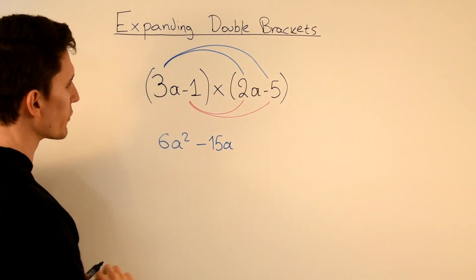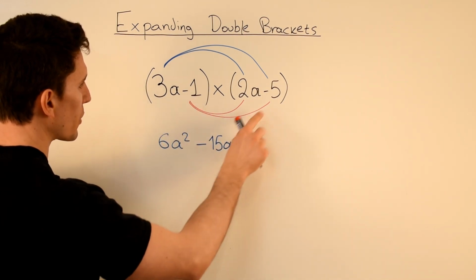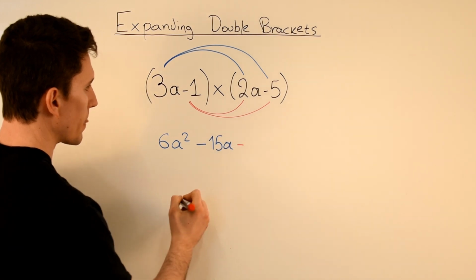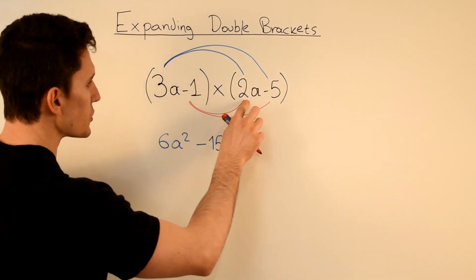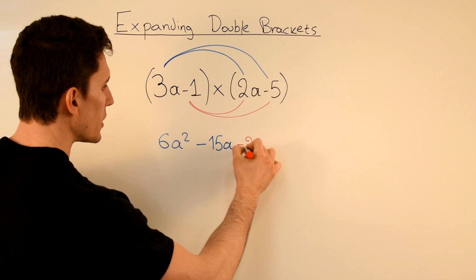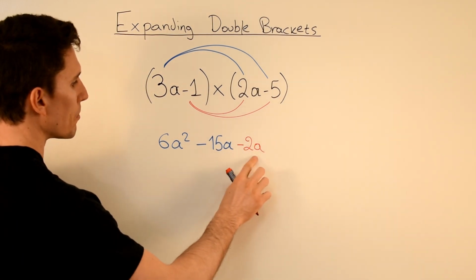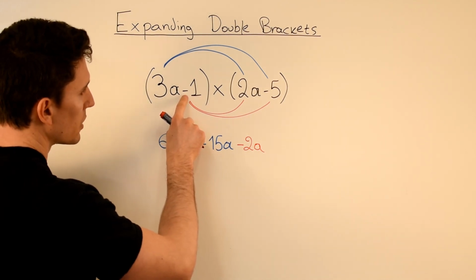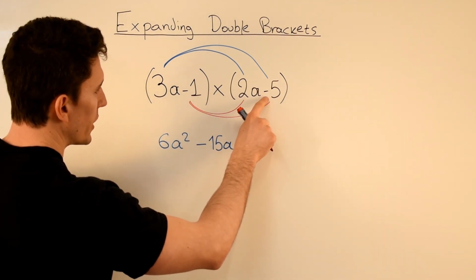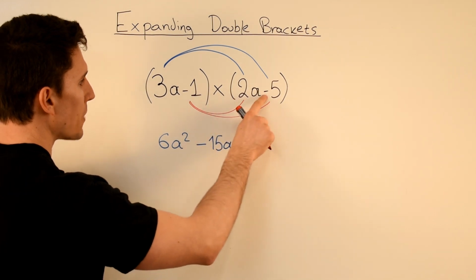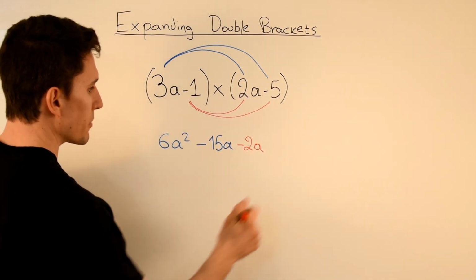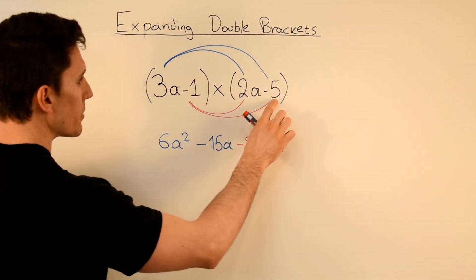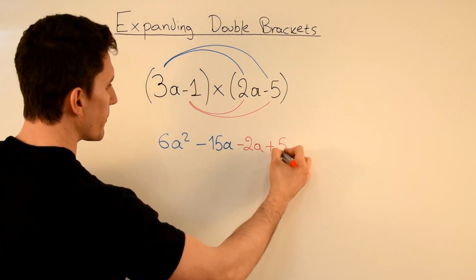Now once again, we've got a negative number multiplied by something positive, so the answer will be negative. And what is 1 times 2a? Now that is simply 2a. Therefore here we've got minus 2a. And finally, we've got minus 1 times minus 5. Now we know a negative times a negative makes it positive. Therefore the answer here will be plus, and 1 times 5 is simply 5.